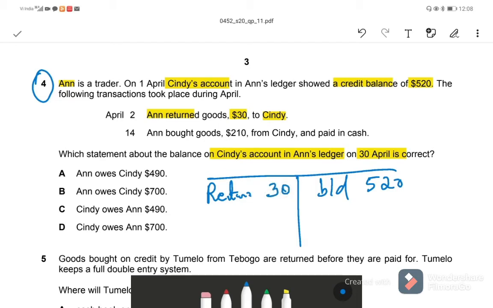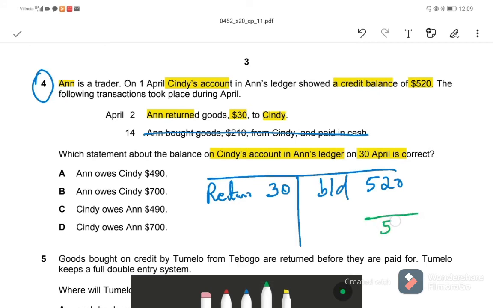Next transaction. Anne bought goods 210 from Cindy and paid cash on time. This transaction will take here? No. This is the cash transaction. Cash transaction we will not enter in the sales ledger. So this we will not take. So what is the balance?